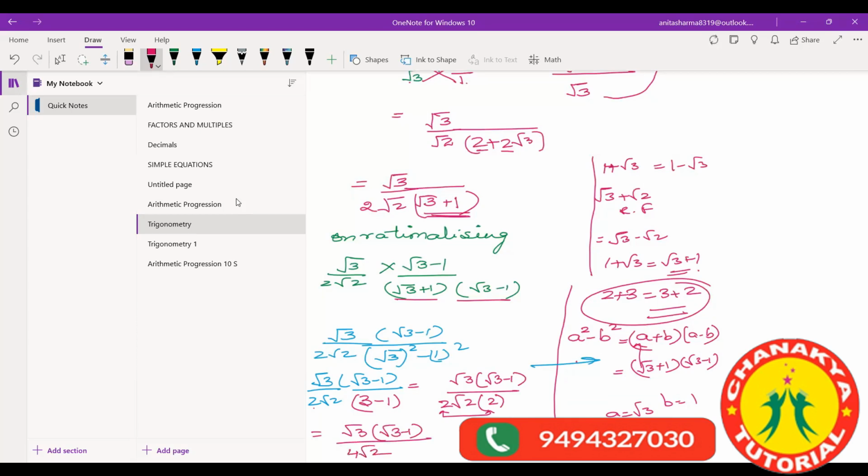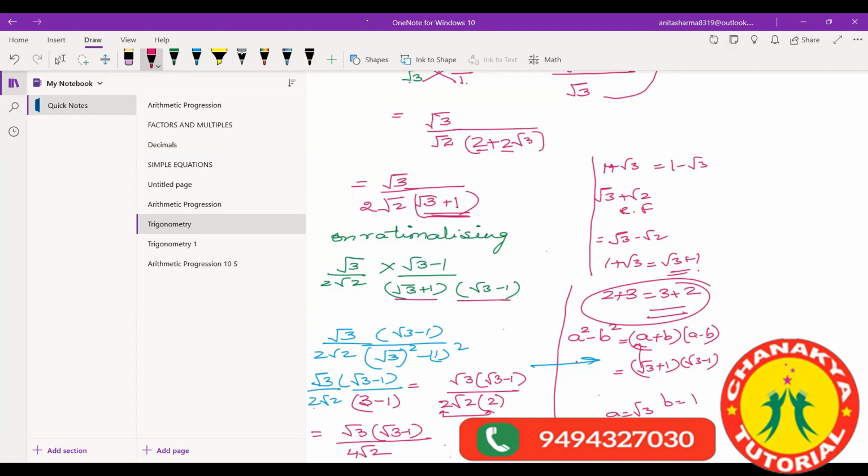Now again we have got an irrational number in our denominator. So what will be our next step? We need to rationalize again.